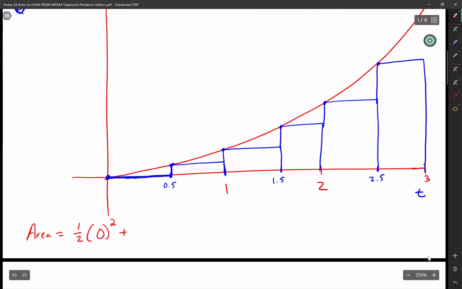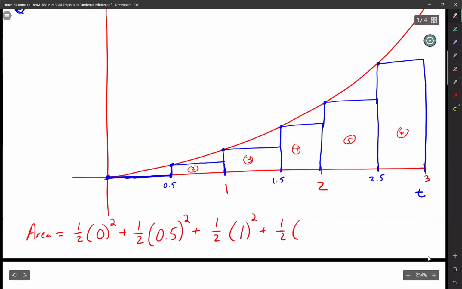Plus the second rectangle has a width of half and a height of whatever 0.5 squared is. The third rectangle, 1/2, 1 squared.